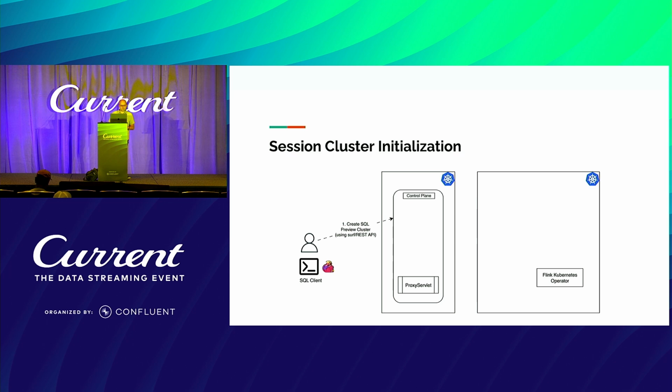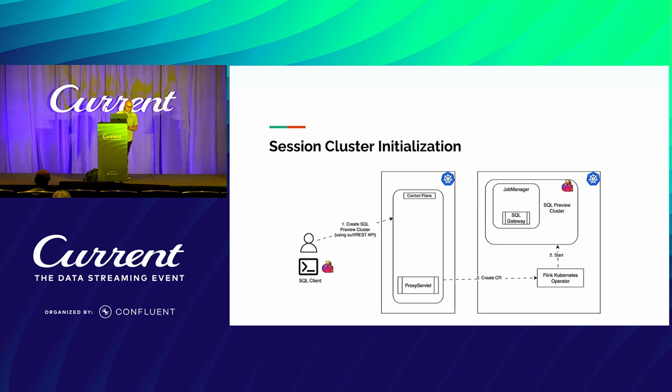When a user submits SQL, actually the first step is starting the session cluster. So a user will submit creating the session cluster in Kubernetes. They need intra-cluster connection between where your control plane is deployed and the second cluster where your Flink Kubernetes operator is running.